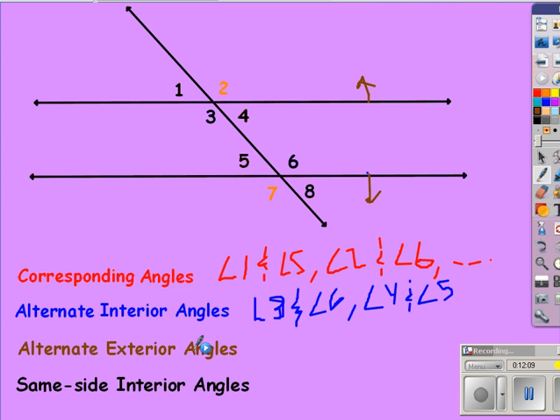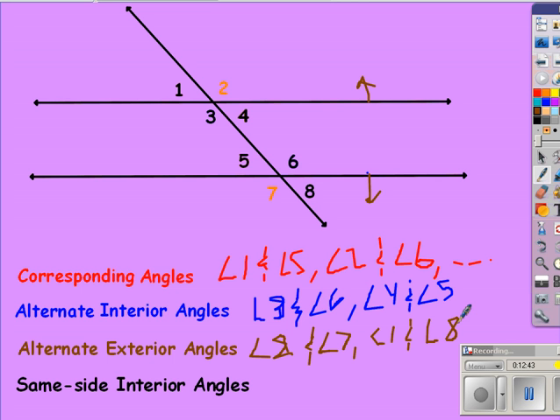They're on alternate sides of the transversal, they're on the exterior, and they're on top and bottom. Angle 2 and angle 7. The other angles obviously would be angle 1 and angle 8. That's the other pair of alternate exterior angles. Angle 1 and angle 8.